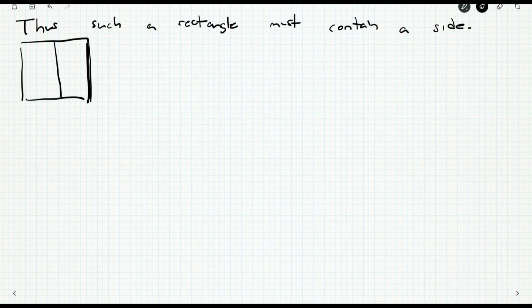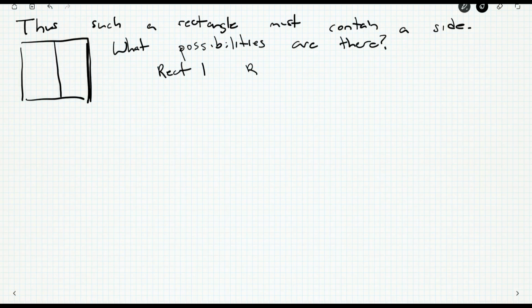So what could we have? So what possibilities are there? Okay. We could have rectangle 1, rectangle 2, rectangle 3, and we could have 2 corners, no corners.